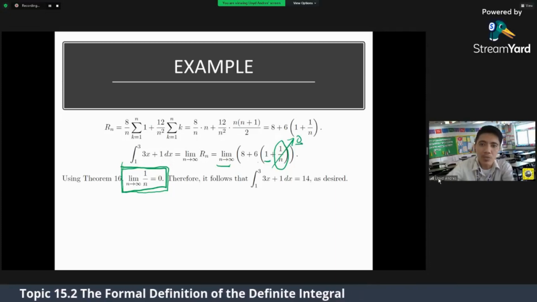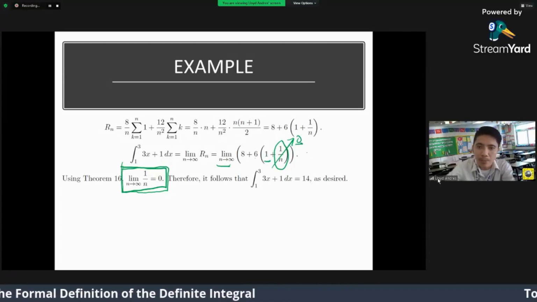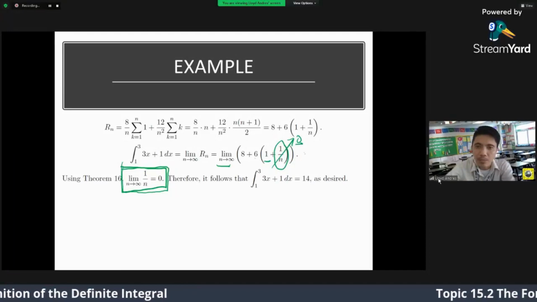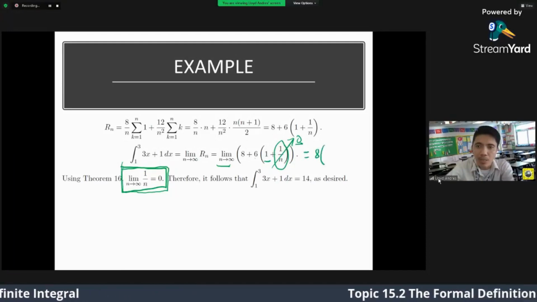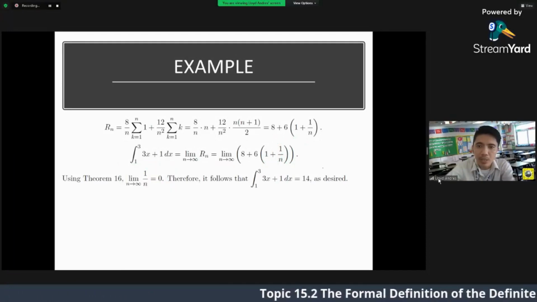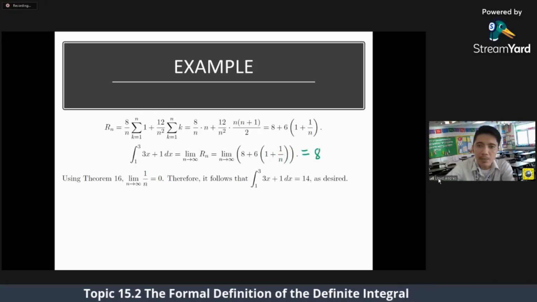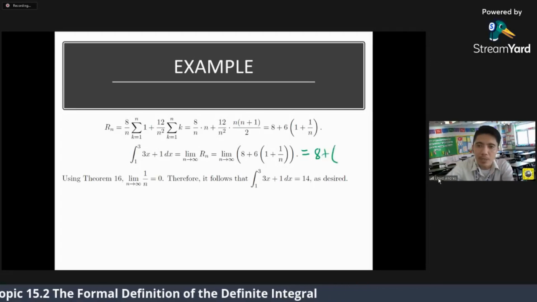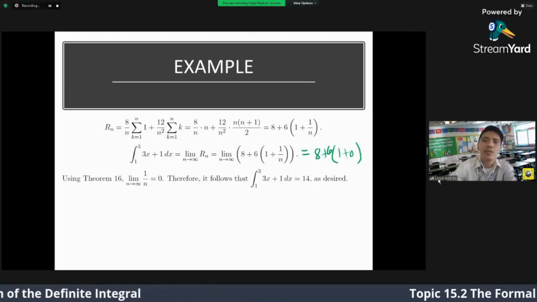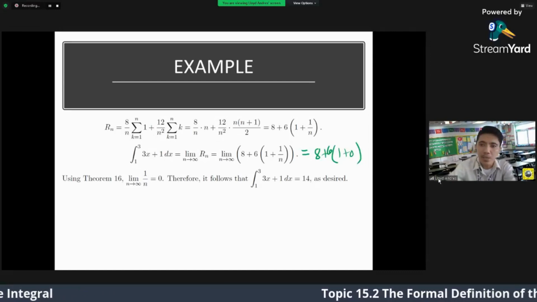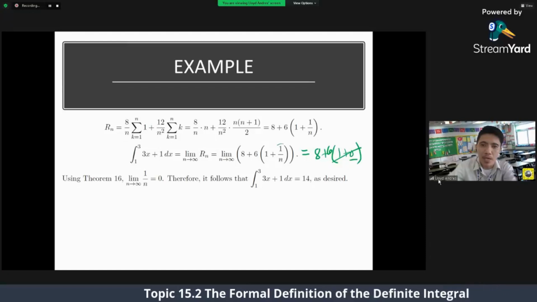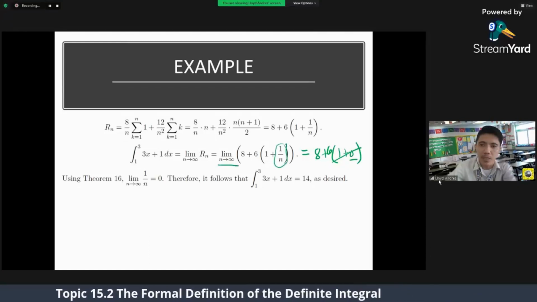Tapos 6 times 1, mahulog man na, this becomes 8 times the quantity, this will become 8 plus the quantity 1 plus 0 man, 6 na day 6 mana. So kani, asa nigikan si 0 because ang limit sa 1 over n as your n approaches to infinity is 0.